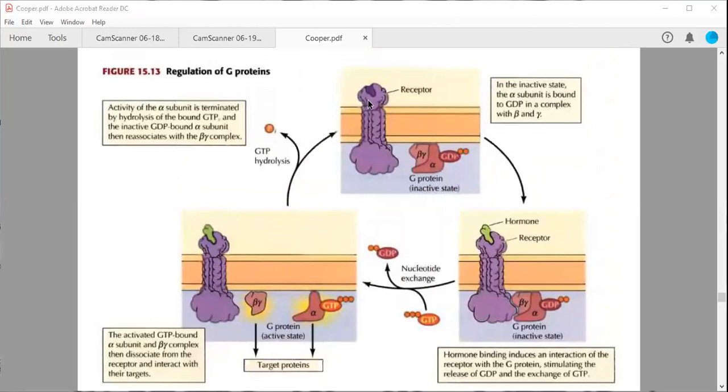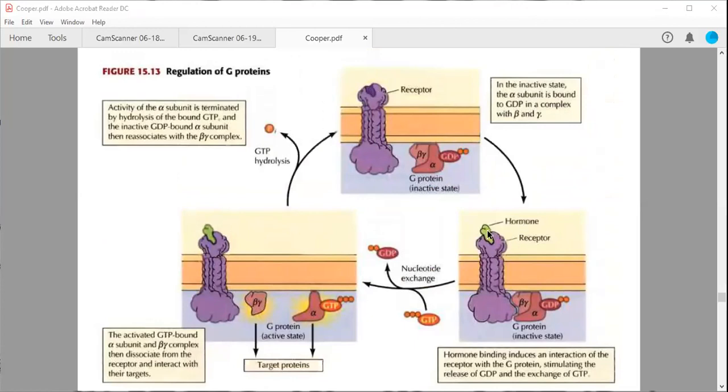See, this is a GPCR receptor and this is a G protein. Why are these called GPCR? Because they are always in complex with these G proteins, which are in inactive state until there is a bound hormone over the receptor.